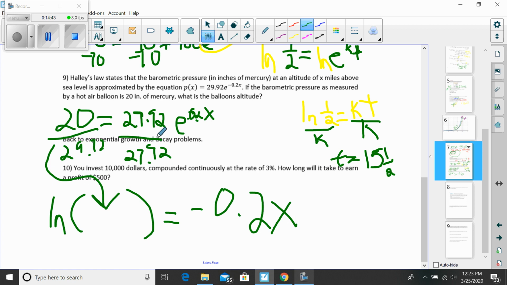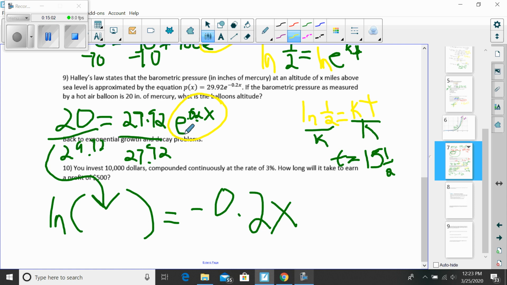Divide both sides by 29.72. And then, before I can take the natural log of both sides, and that is a common mistake, students try to take the natural log of both sides right off the bat. Okay, I can't do that until I isolate e to the x.